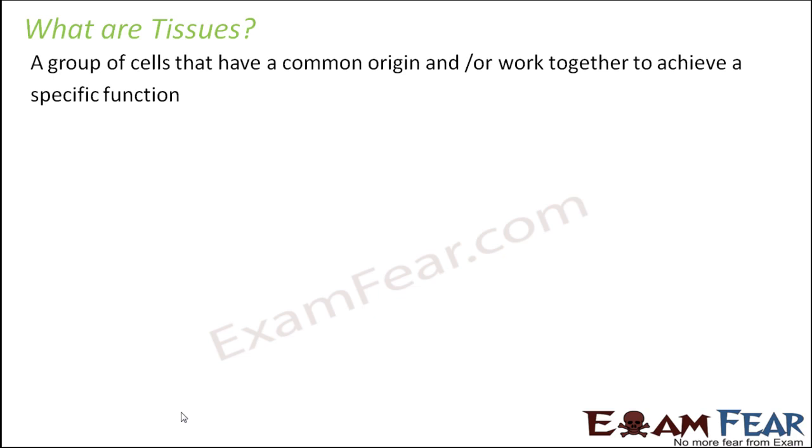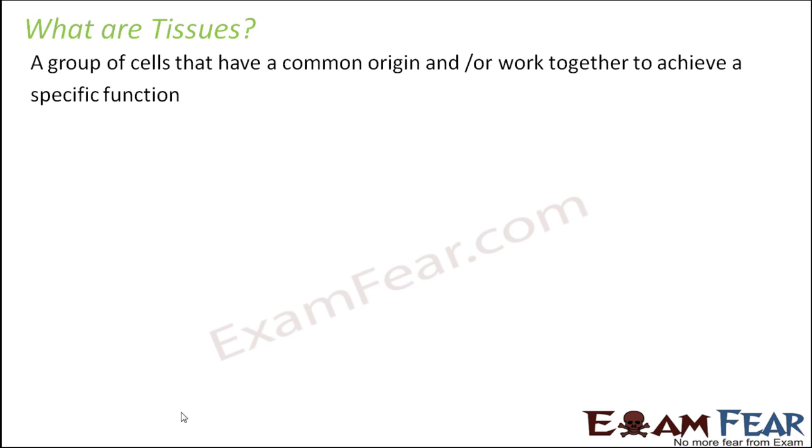It is not that suppose you have several cells and any of them just combine with each other. It is not like that. Let us suppose, I'm just giving a very rough example, you have 100 cells, and out of those 100 cells, 10 of them decide that, okay, fine, let us come together and perform one particular function.